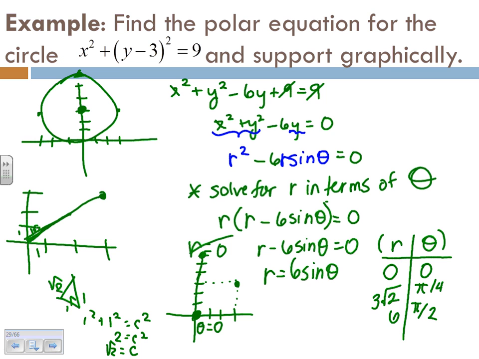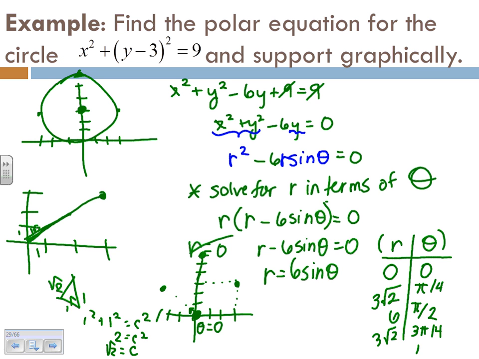So let's see, 3 pi over 4. What do you got? 3 radical 2. So I'm facing 3 pi over 4, right here, and I'm going to go out 3 radical 2.